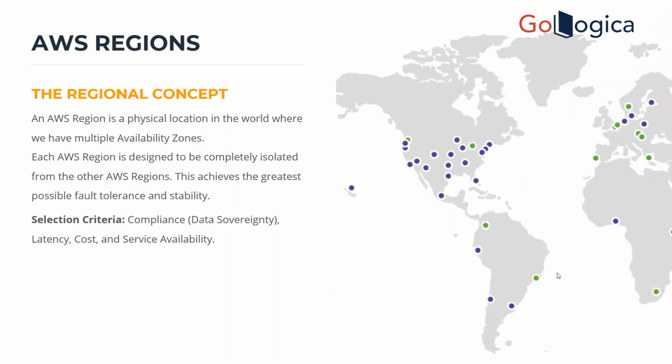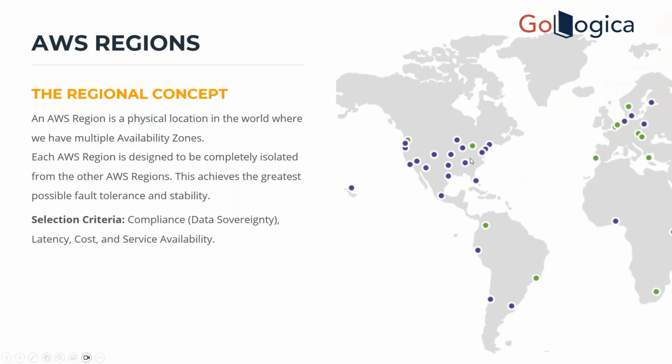And these regions consist of multiple availability zones. There is no boundary for availability zones either. So they have multiple availability zones inside a region. Each region is designed to be completely isolated from any other AWS region. If you see these dots here, blue dots and green dots, say the greens are upcoming and the blues are already there.